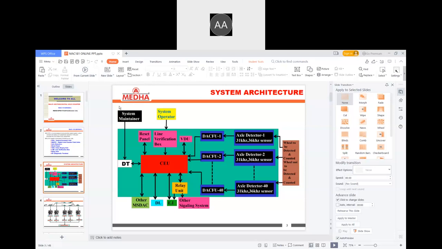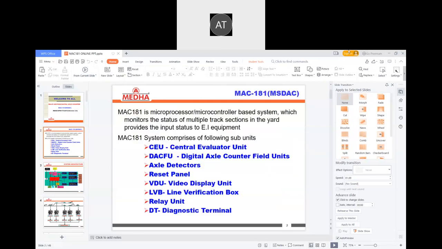Please press F5, then the presentation will start in the form of slides. I went for F5 as well. Now it is visible. Just a minute, please be in line. I'll go from the beginning again. I hope it is visible as of now.